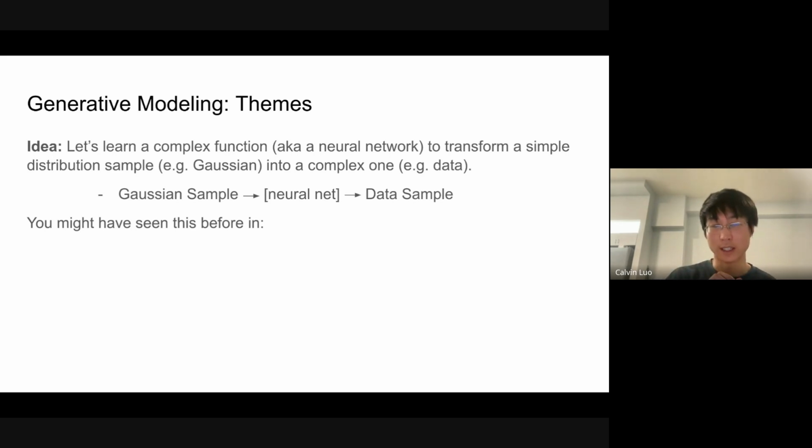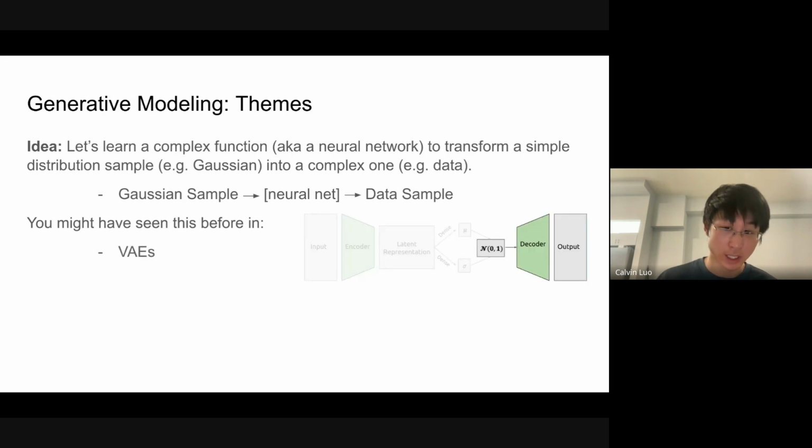You might see this pattern over and over, particularly in image-based modeling, where you want to convert a Gaussian sample or a Gaussian distribution through some flexible neural network into a data sample or data distribution. You might have seen this before in VAEs, where we learn this encoder-decoder structure, with a probabilistic encoder. After training, we can throw the encoder out, and because we've trained that probabilistic encoder to be similar to a standard normal, during sampling time we can just sample from the standard normal and use the learned decoder to generate a data sample.